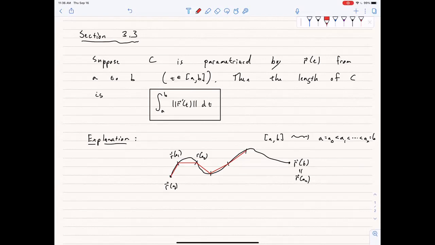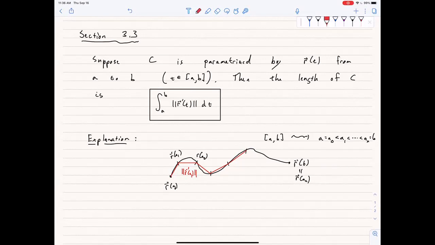Well, the idea is to say, I know how fast I'm going at this particular point in time, R of A1. The speed I'm going at this point is given by this R prime of A1. And then I know how much time elapsed when I start here and get there, namely delta t, or A2 minus A1.